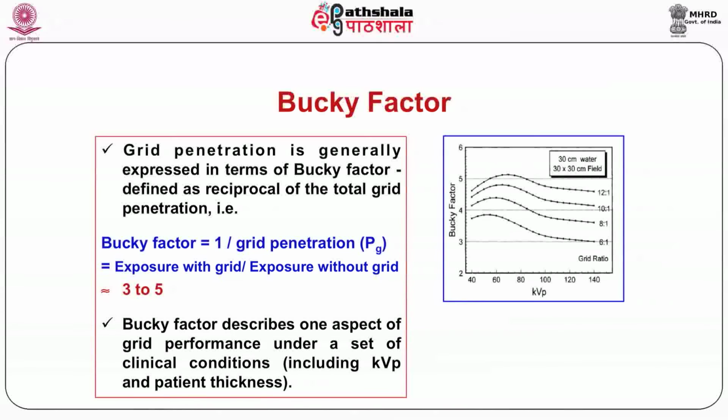That is, Bucky factor is equal to 1 upon grid penetration Pg, which is equal to exposure with grid in mAs upon exposure without grid in mAs. So the figure shows the relation between Bucky factor and kV of the X-ray machine.